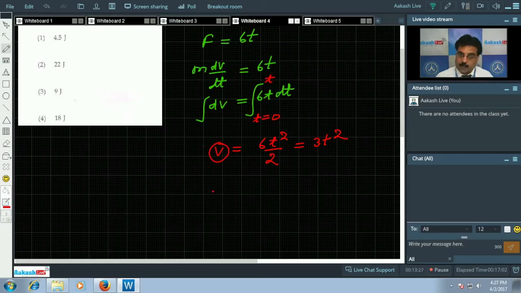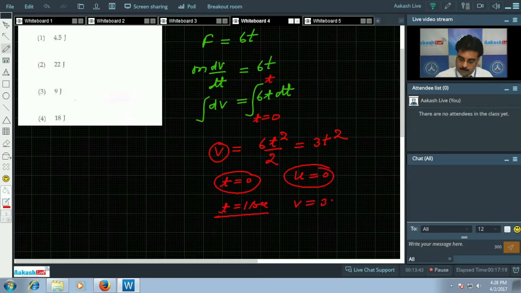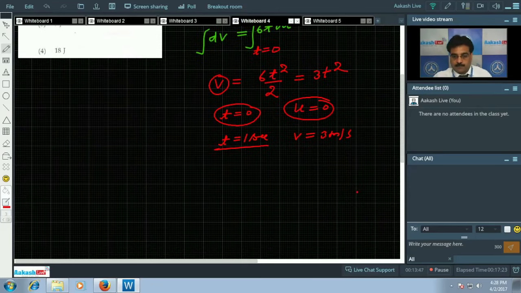Now this is the expression of velocity or speed. If I want to calculate my initial speed, then if I take time t equal to 0, that will give you initial speed. If I put, according to the problem, time t equal 1 second, then you will get v is equal to 3 meter per second. So now the question becomes very easy.